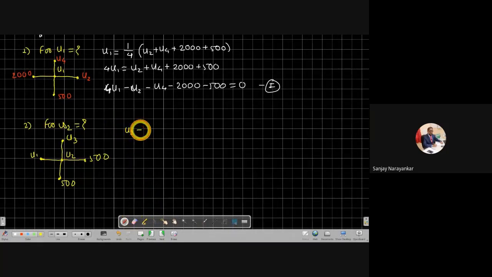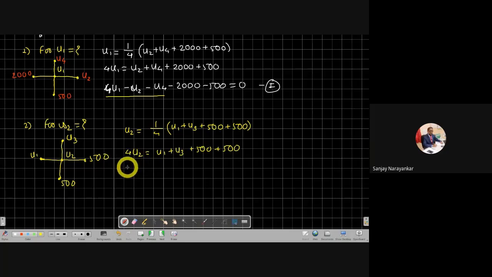Now let us write for u2. So u2 is equal to 1 by 4, and you have to take a summation of all these terms. That's so simple: u1, u3 plus 500 plus 500. Rearrange this equation: 4u2 is equal to u1 plus u3 plus 500 plus 500.